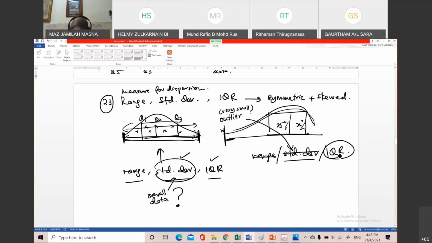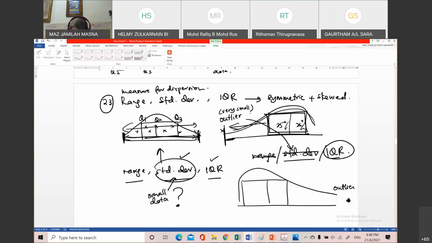But IQR will not consider any data below this. The same goes if you have right skewed data. The middle 50% would be somewhere here. If you have an outlier here, it will not be considered since we focus on Q1, Q2, and Q3. Okay, so that is number 23.